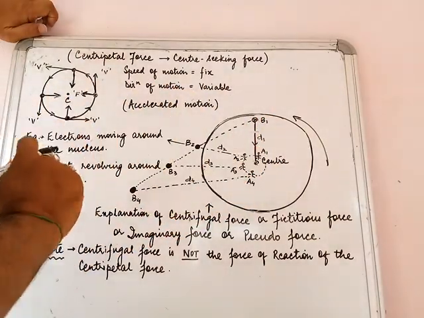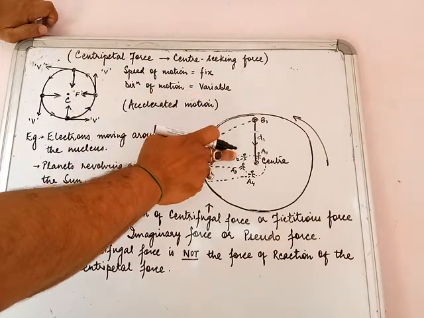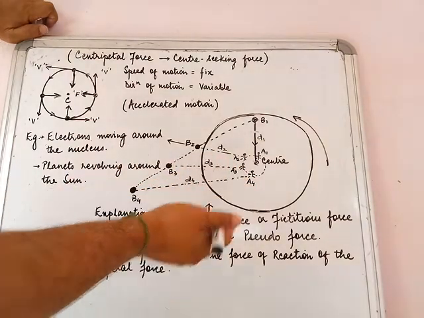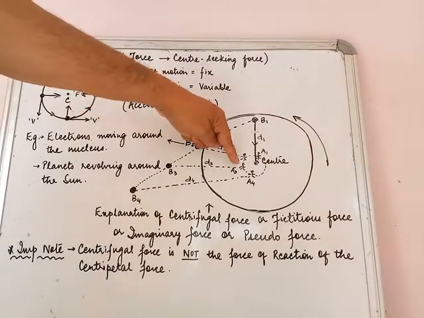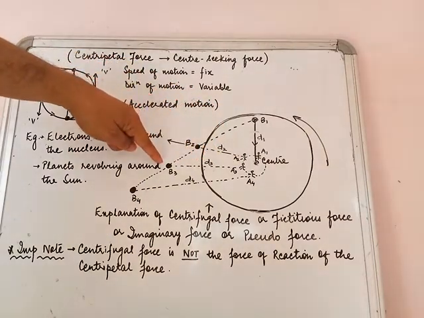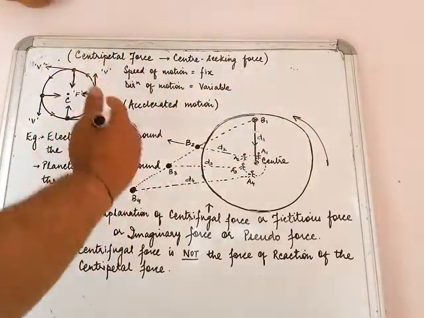Then again, after some more time, the person standing at position A2 moves to a third position A3 because he is still undergoing rotation. The merry-go-round is rotating, but the ball is free to move. So from the third position A3, he observes that the ball has moved further away, radially outwards.